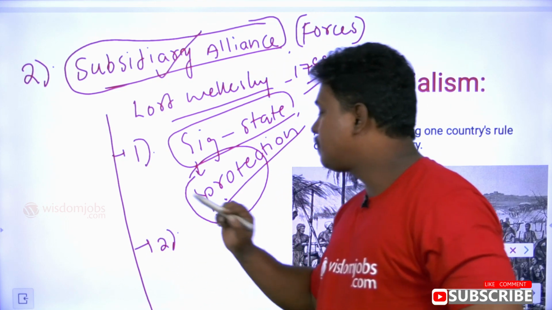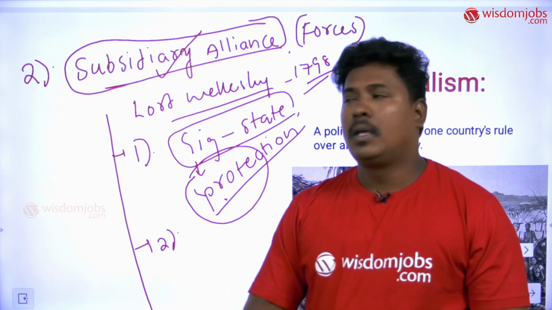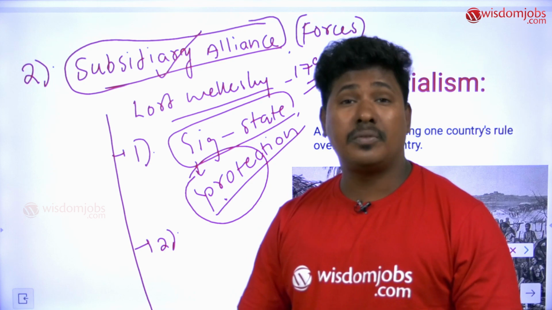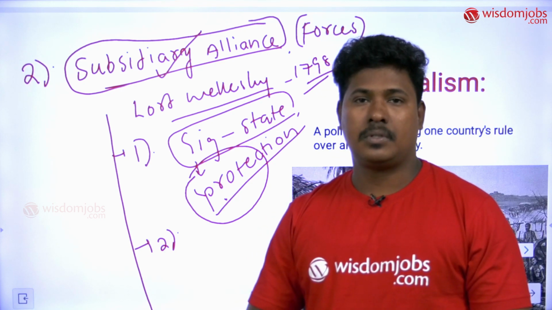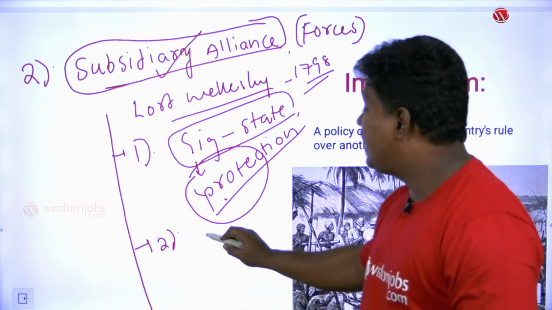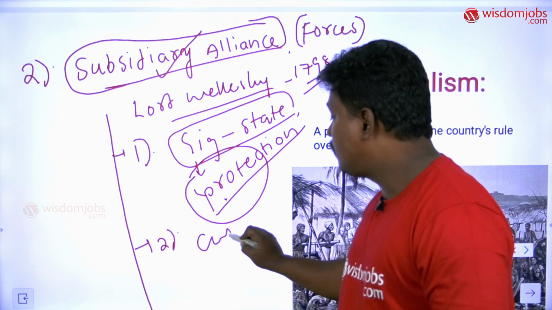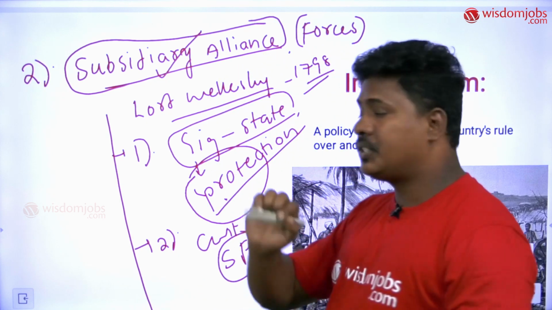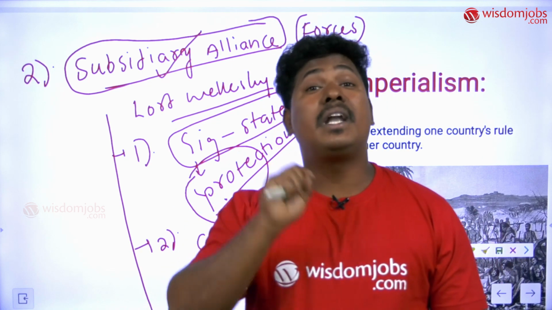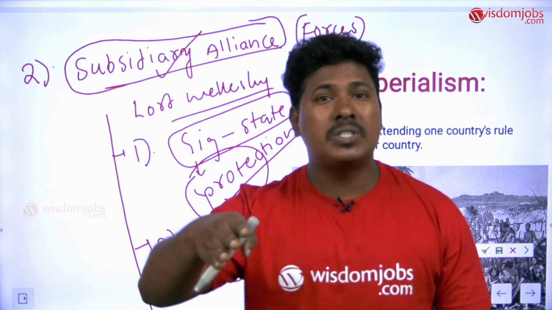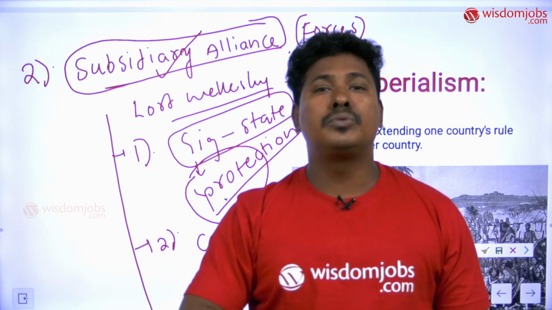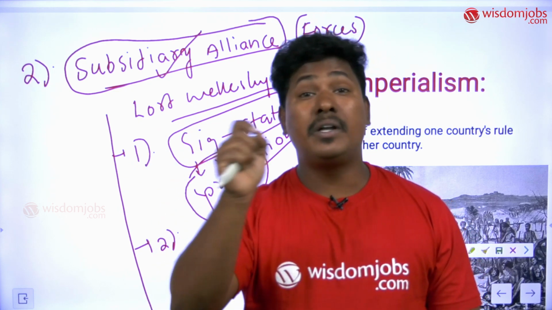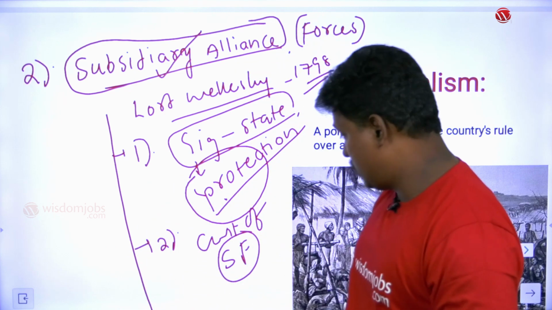Next, number 2, the entire cost of maintenance of the British forces shall be paid by the signatory state. Entire cost of subsidiary forces or British forces shall be paid by the signatory state. See, when the subsidiary forces give protection to the signatory state, the signatory state must pay the entire cost of maintenance of the subsidiary forces.